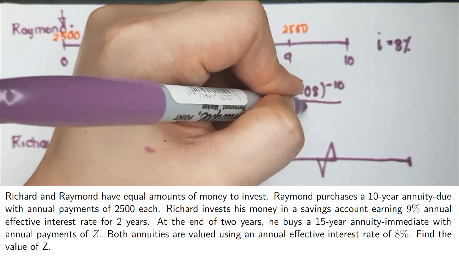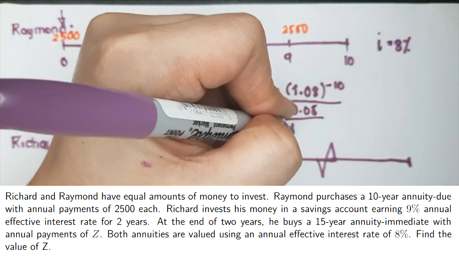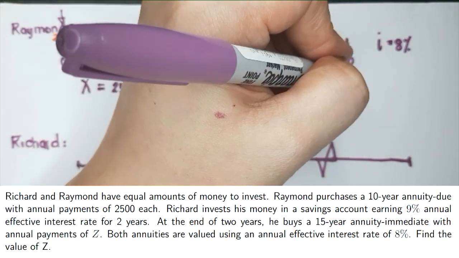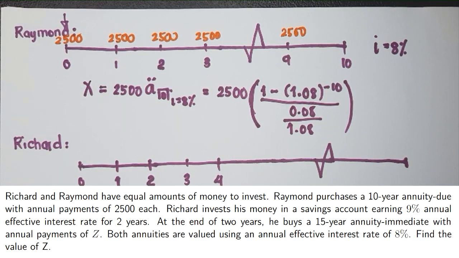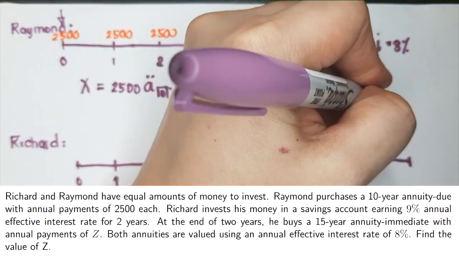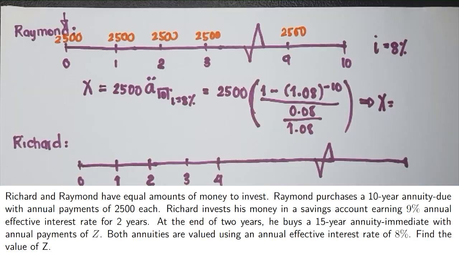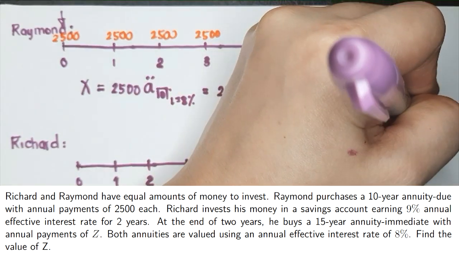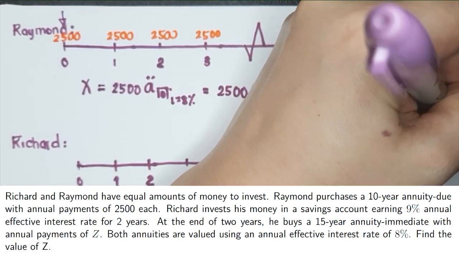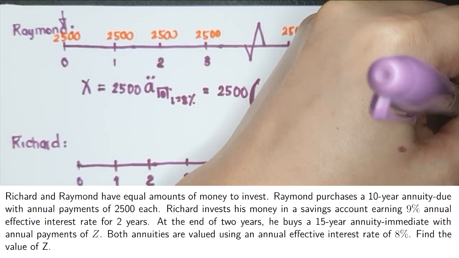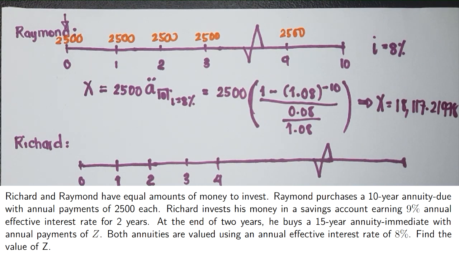So in the denominator, you're going to have this. You have to use your calculator and get the value of X. The value of X is 18,117.21978.